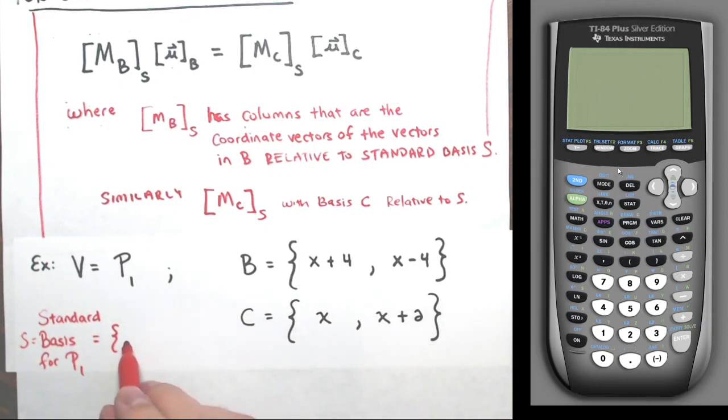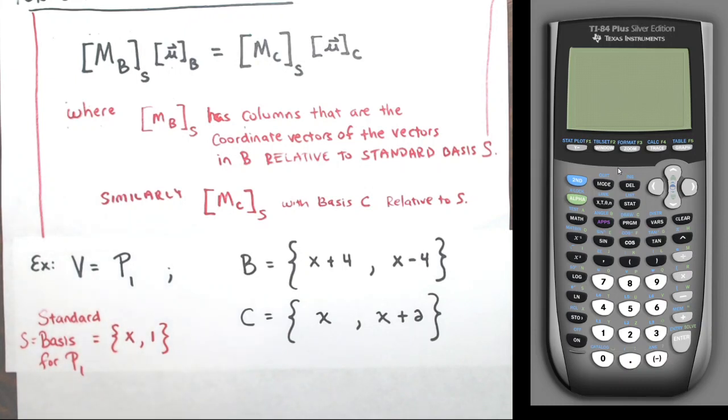Now you can go constants to high powers or high powers to constants. I'm going to go high powers to constants, x and 1. This is the simplest set of building blocks for P1. Every polynomial of degree 1 or less is a multiple of x plus a multiple of 1. So keep that in mind.